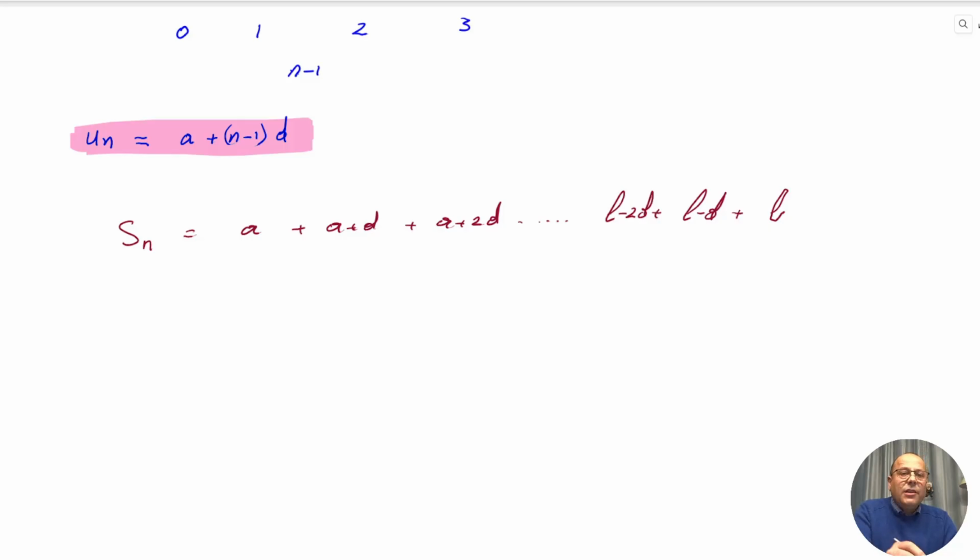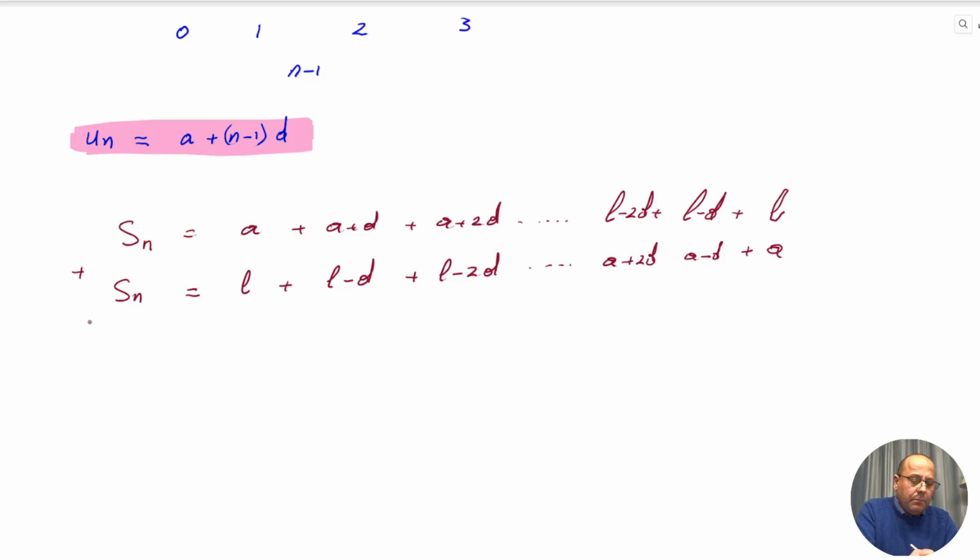Now, rewriting this in the reverse order, Sn is equal to the last term, which becomes the first term, so that will be l, plus l minus d, plus l minus 2d, and so on down to a plus 2d, a plus d, a.